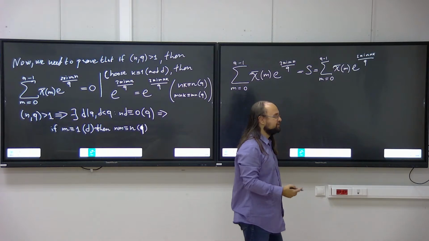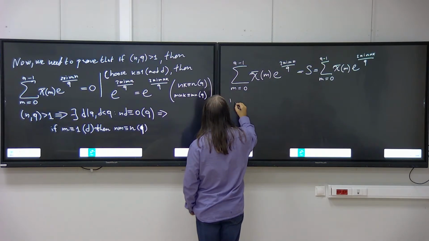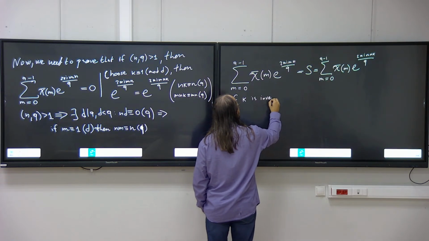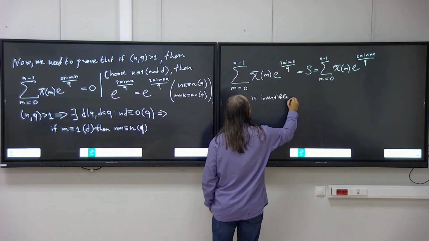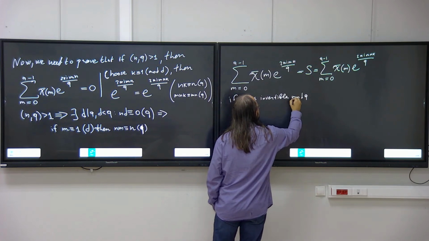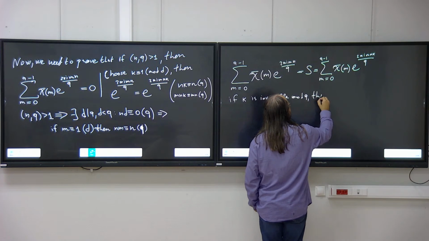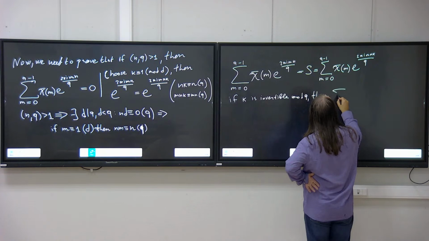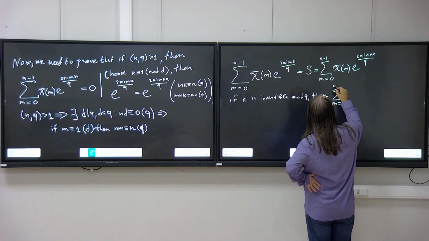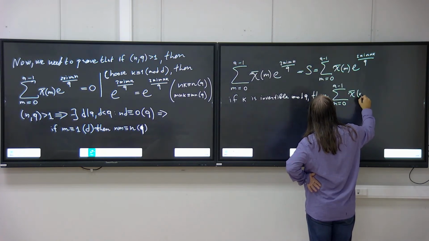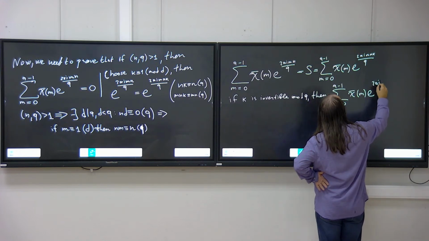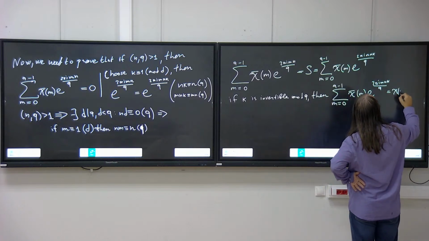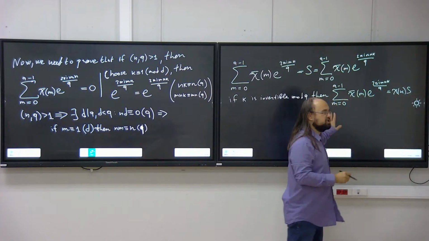By definition, if k is invertible modulo q, then this sum is equal to chi of k times s by the same change of variables, right?